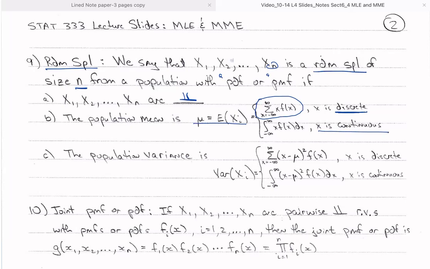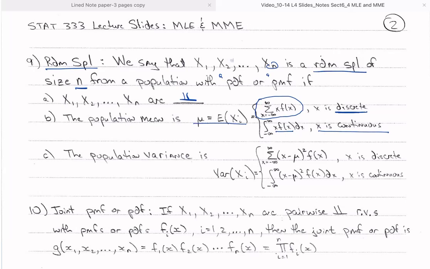If x is continuous, then we have to use an integral. So it's x f of x dx, and the integral from, again, negative infinity to positive infinity. You may reduce this depending on the support of x, what values of x, f of x is greater than or equal to 0. Okay?